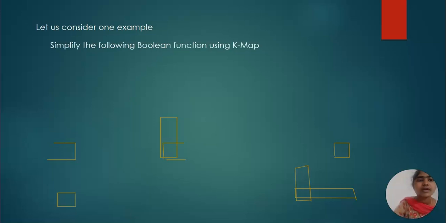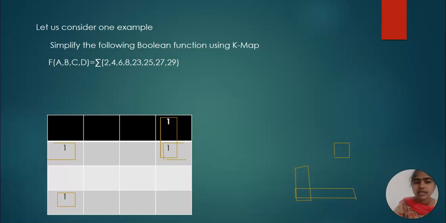Let us consider one example. We should discuss the K-map and simplify the following Boolean expression using K-maps, and must follow the rules of the K-map. F of a, b, c, d equal to summation of 2, 4, 6, 8, 23, 25, 27, 29.